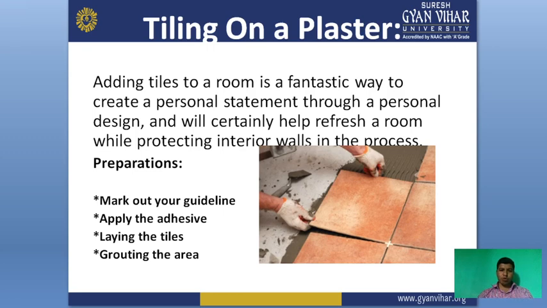Adding tiles to a room is a fantastic way to create a personal statement through a personal design, and will certainly help refresh a room while protecting the interior wall in the process. The preparations are: mark out your guideline, then apply, then lay the tiles on that grouting area. These are some precautions we should take before fixing tiles on a plaster.